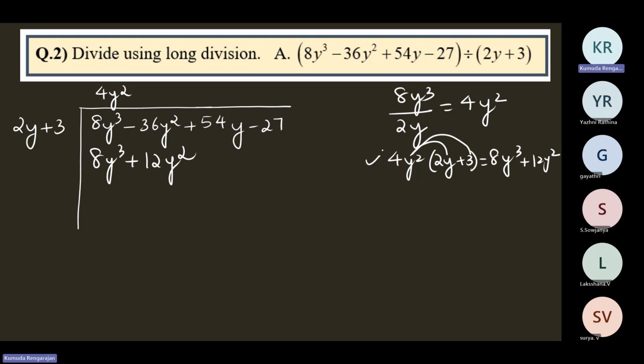You need not show this here; this is the rough column. You can even multiply directly. Directly meaning, 4y square into 2y is 8y cubed. Again, 4y square into plus 3 is plus 12y square.